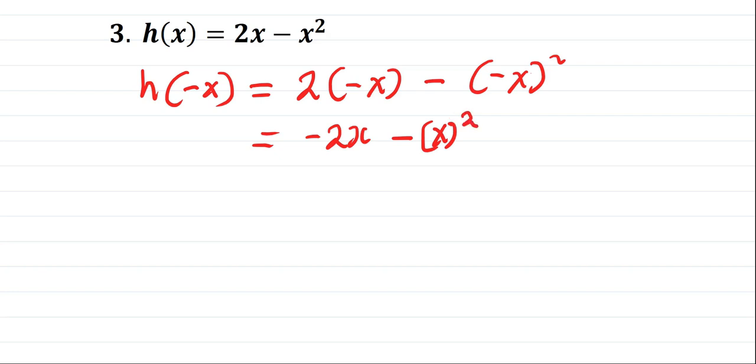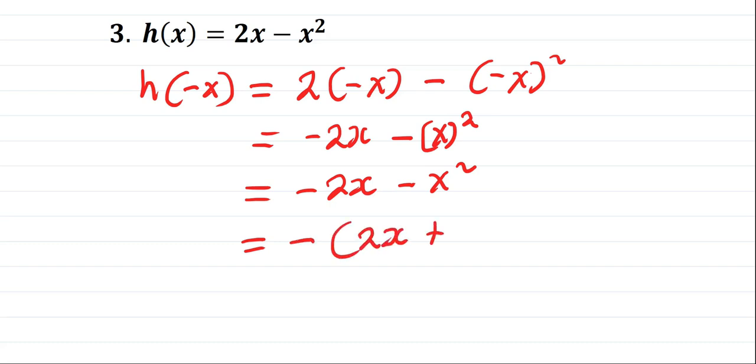So this is now positive x squared, and if we clear that parenthesis, then this will become negative x squared. So we have negative, negative, we can factor the negative outside, and this will become 2x plus x squared.